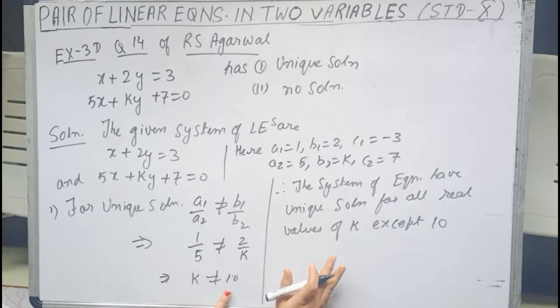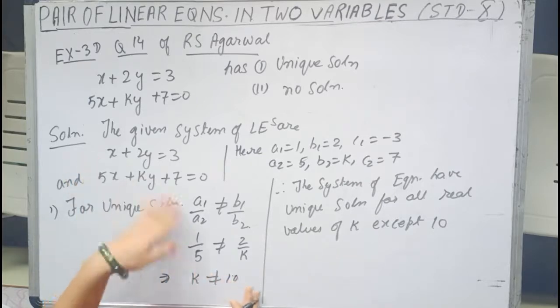I think because it is written over here k not equals to 10, it means for other values of k this will give a unique solution, but for k equals to 10 it will not have unique solution. Let us move to subpart number 2 of this question 14.